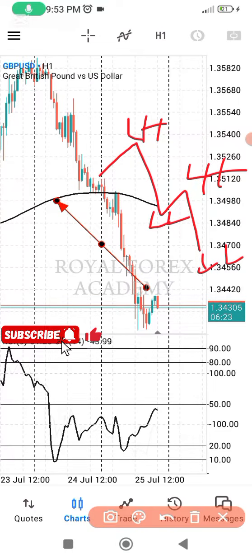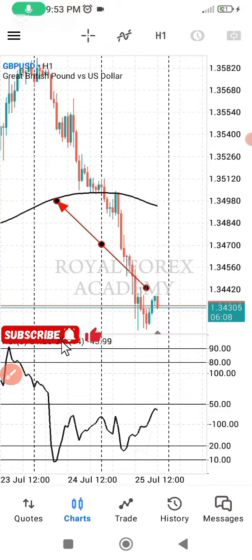Many a time, not all of us can identify these structural points effectively, and that is why we are going to adopt this moving average in order to help us to determine the trend. Now, that does not invalidate the plain chart analysis. However, there are advantages to each of these trading strategies.